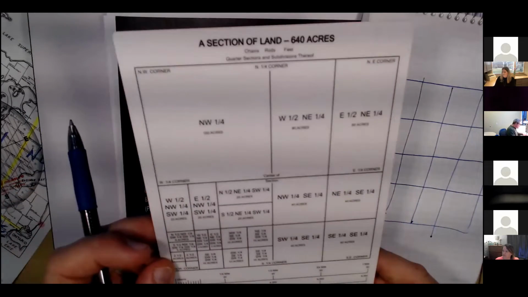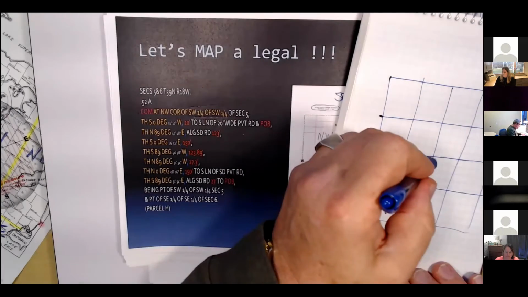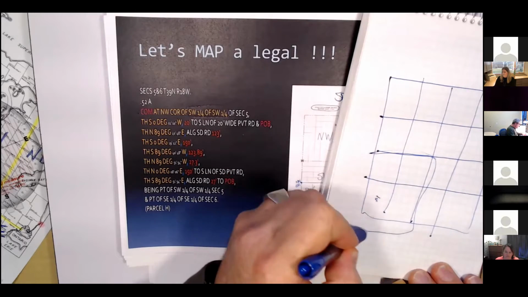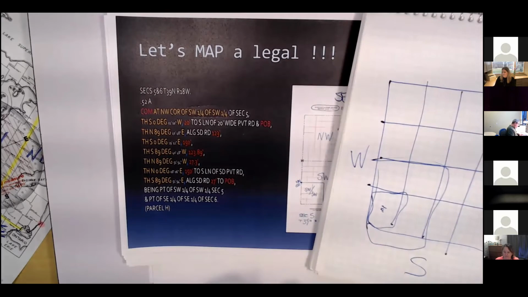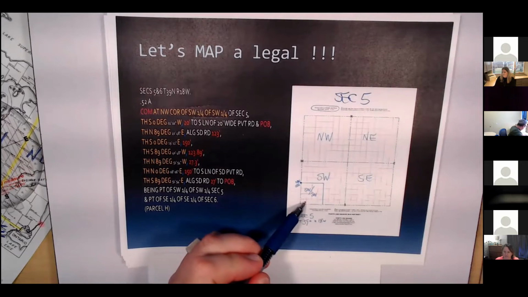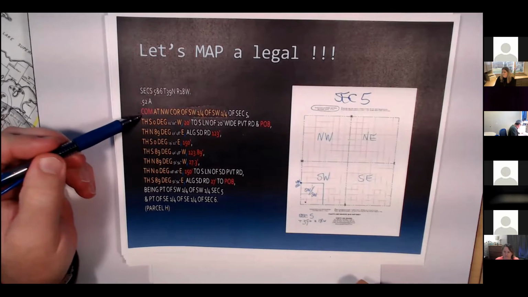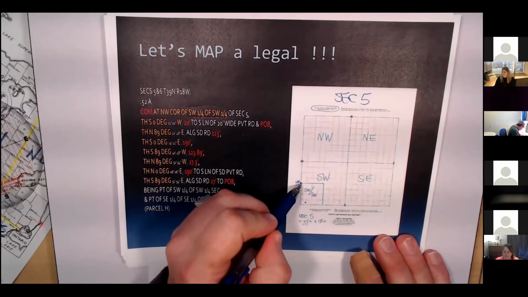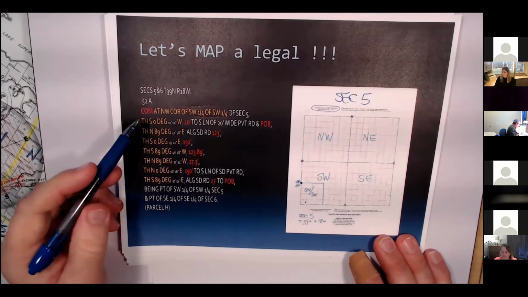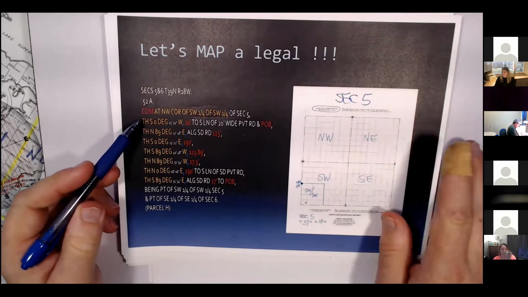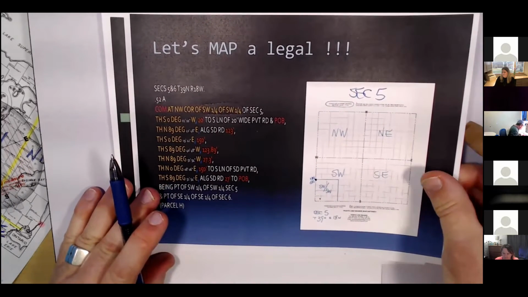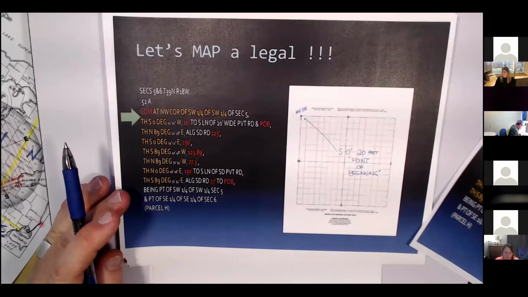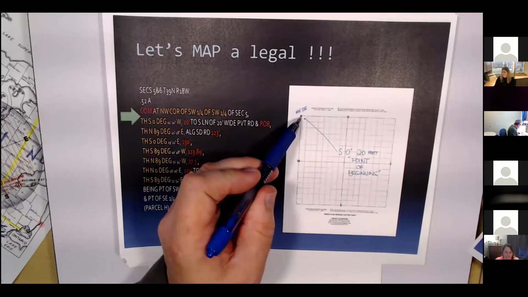Your southwest is going to be here, and the southwest of the southwest is going to be here. This is west, this is south. So that puts you right back into this quadrant right here. And it's telling you that you're starting at the northwest corner of it, which is right there. So now you have your point of commencement. You're starting at your northwest corner of the southwest of the southwest.